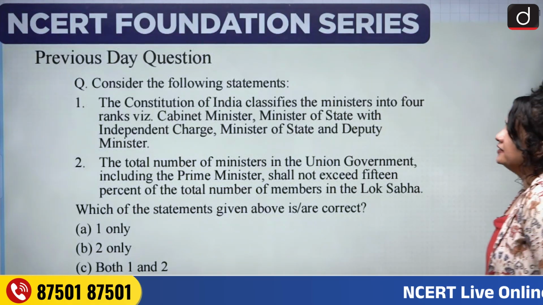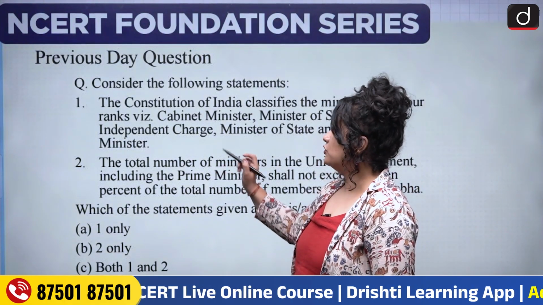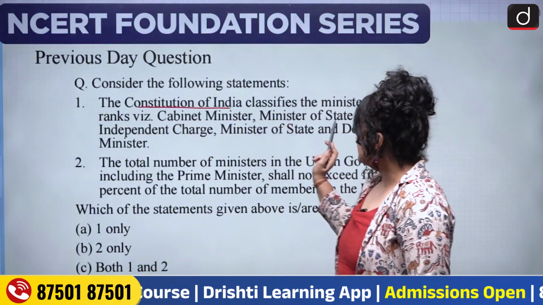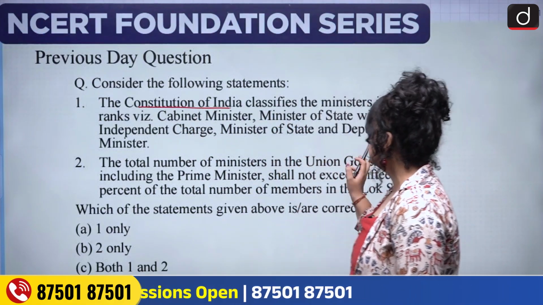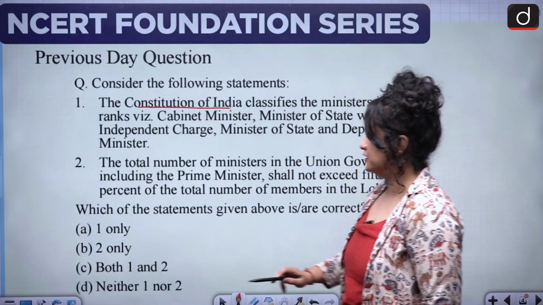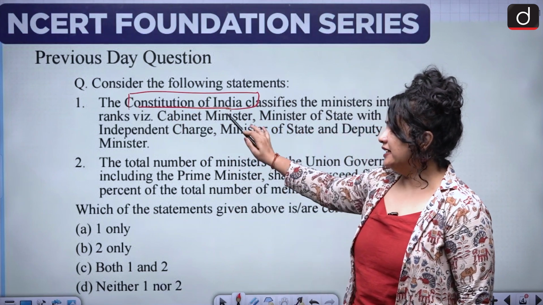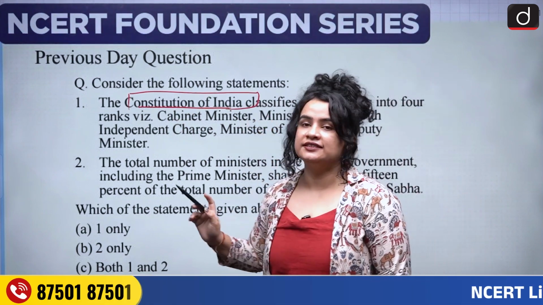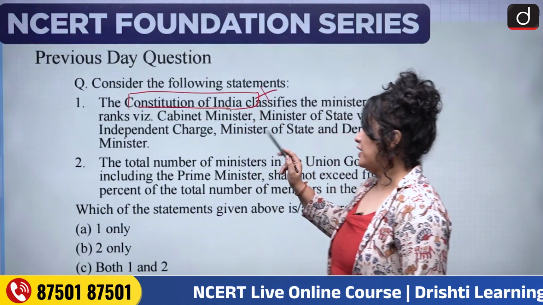Now, let's look at the previous day question. Consider the following statements. The Constitution of India classifies the ministers into 4 ranks, viz. Cabinet Minister, Minister of State with independent charge, Minister of State and Deputy Minister. Now, here's the catch. It says the Constitution of India classifies. No, the Constitution of India does not classify.